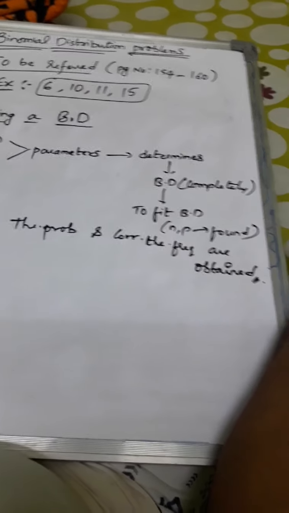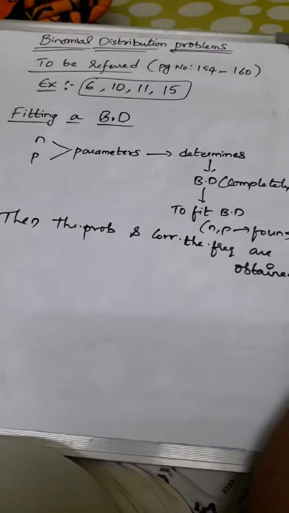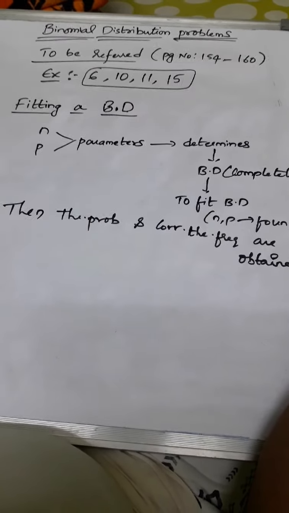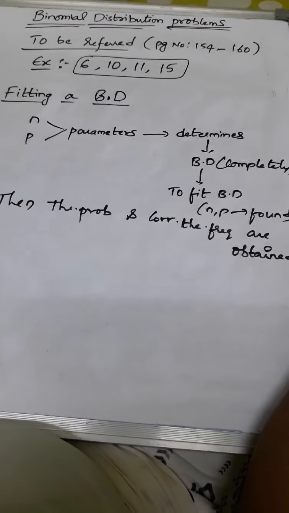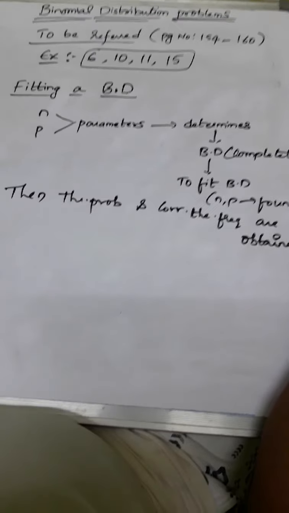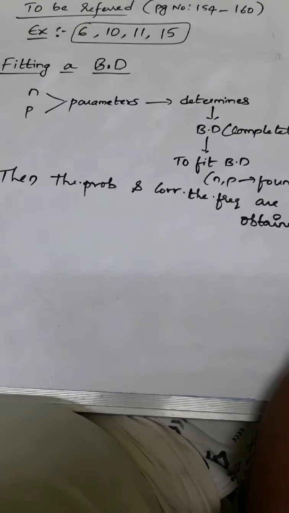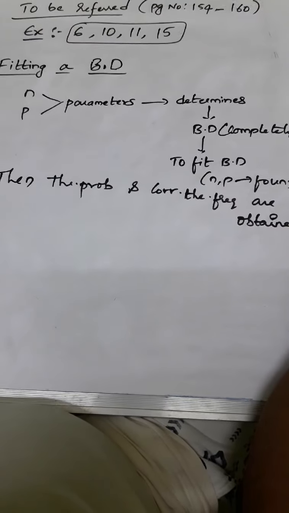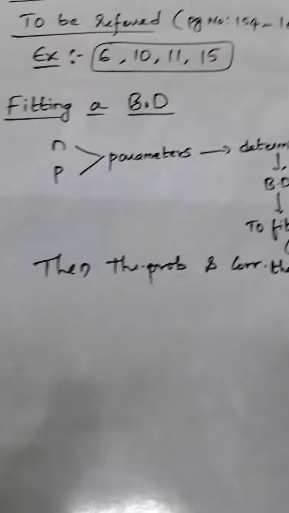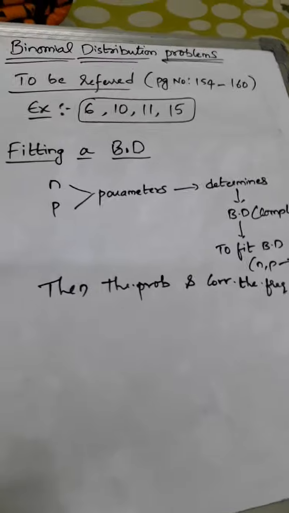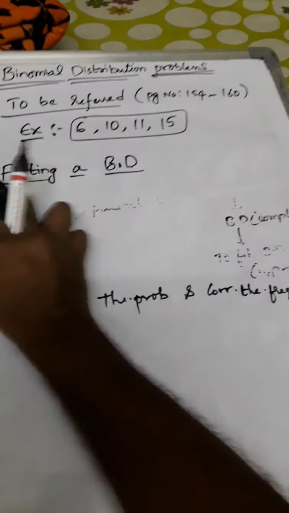And then, to fit this binomial distribution, the theoretical probabilities and corresponding theoretical frequencies are to be obtained. To fit this binomial distribution, we have to use two different sets of formula.